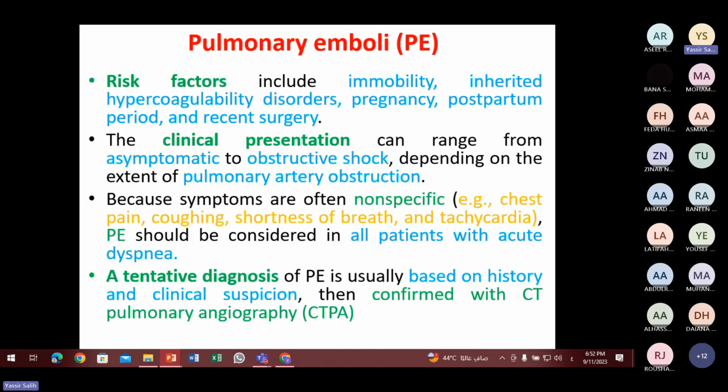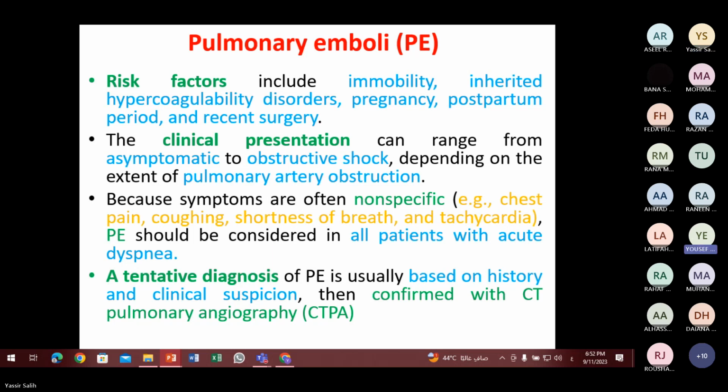Okay, let's talk about pulmonary embolism. What are the risk factors for pulmonary embolism? DVT. DVT is common in which group of people? Elderly, yes.